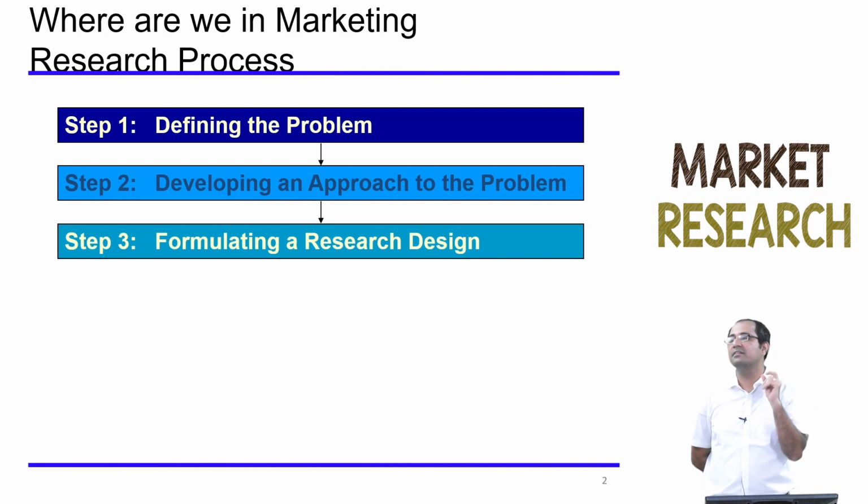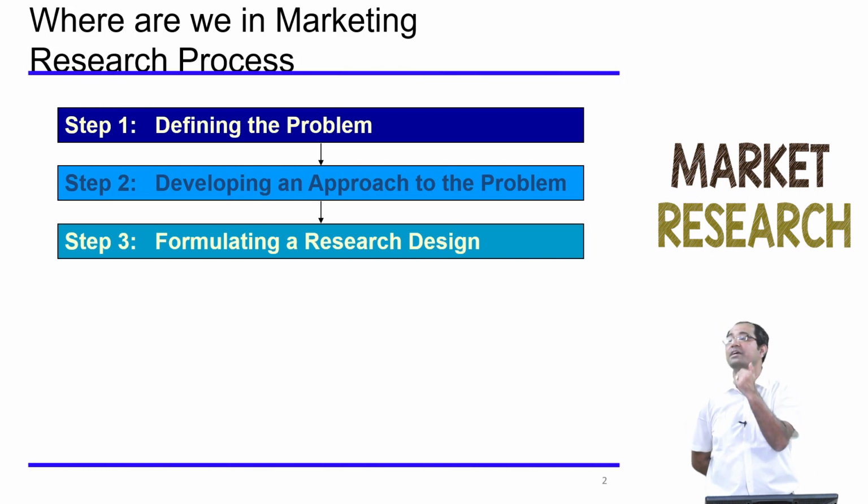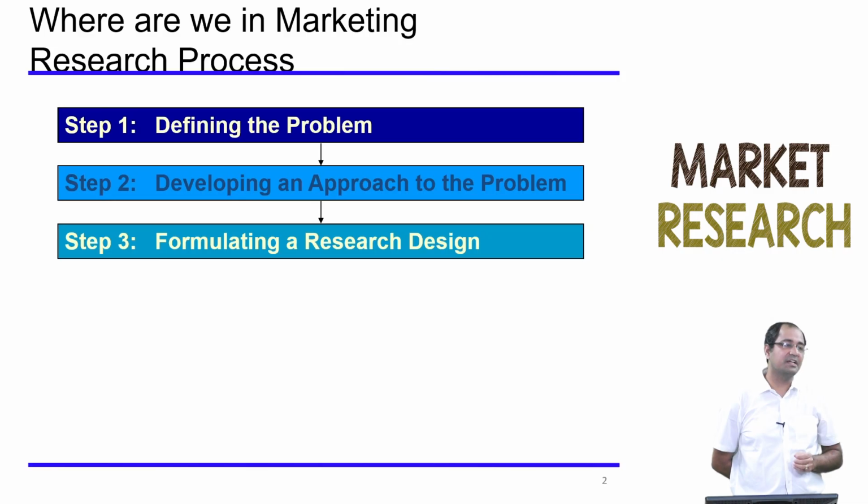So research design is the blueprint, right? Research design tells you on whom to collect the data, from where to collect the data, how to collect the data, when to collect the data, with what way we will collect the data, how we are going to analyze the data, that is all part of research design.